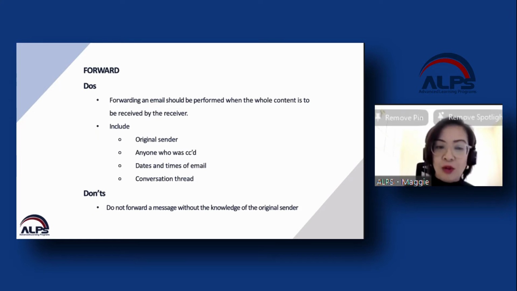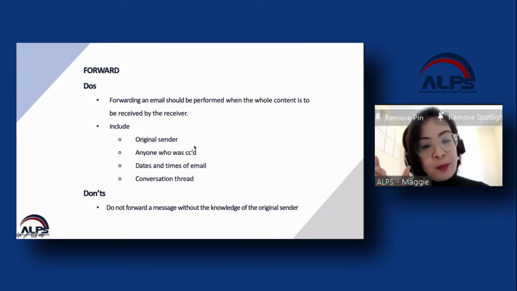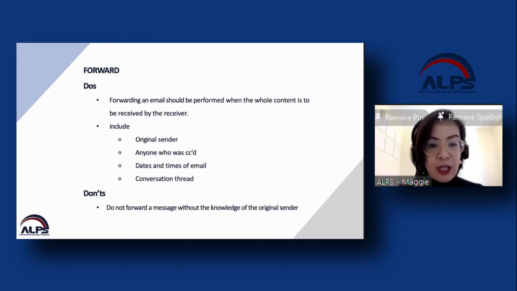Okay, na meron ditong mga questions though. When you are sending it, in this part where it says anyone who was in CC, you can remove people in the CC. Okay, you don't have to forward it to them, but the names of the people who were part of the CC should still be in the email thread.